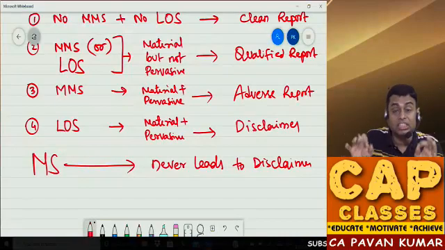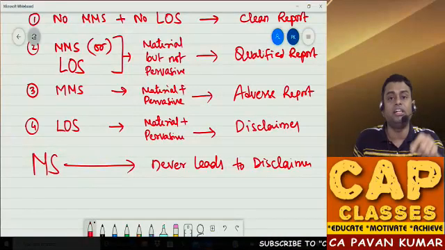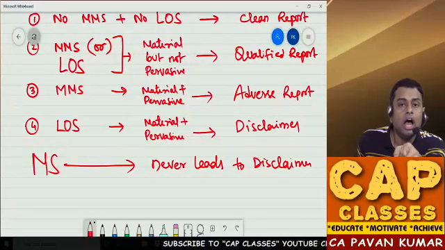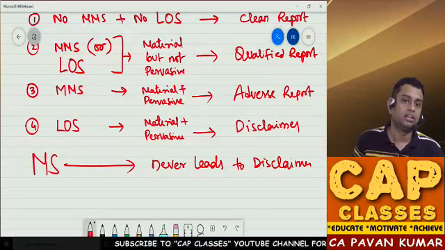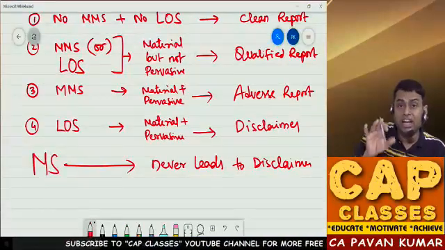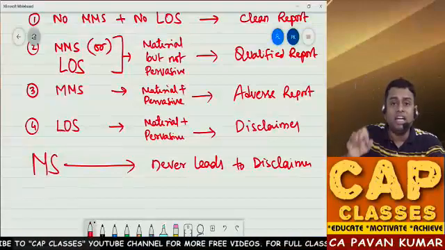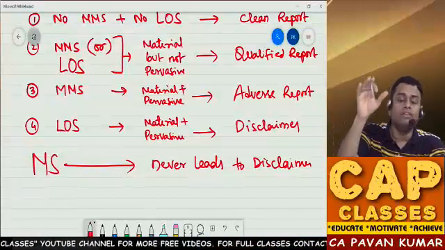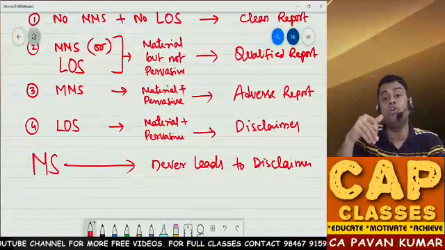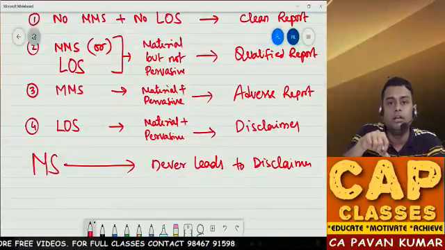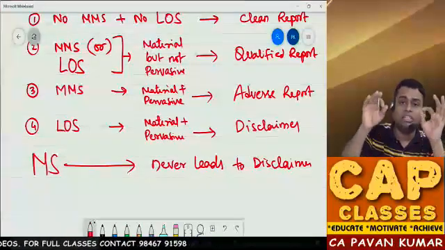A material misstatement exists in the financial statements means you got the evidence. If you have not obtained the evidence, how do you know that there is a material misstatement? Simple. So when it is given that there is a material misstatement, remember audit evidence is available. If audit evidence is not available, how can you confirm that it is a material misstatement?